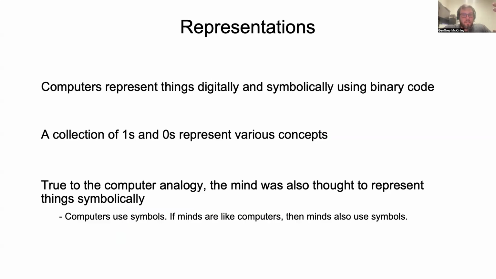Of course, at the lowest level, computers represent raw data using a binary system of ones and zeros. This means that all data, such as text, images, or sounds, are ultimately broken down into sequences of ones and zeros. However, at a higher level, computers use symbolic structures to represent more complex information like concepts, relationships, and instructions, right?